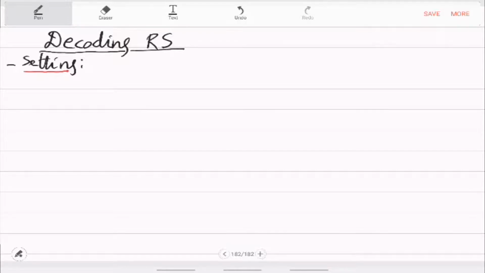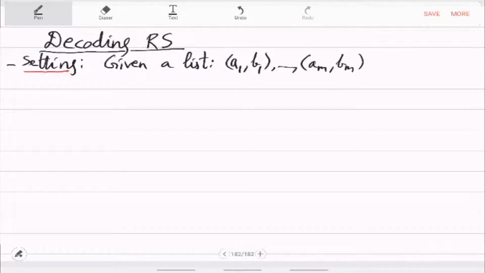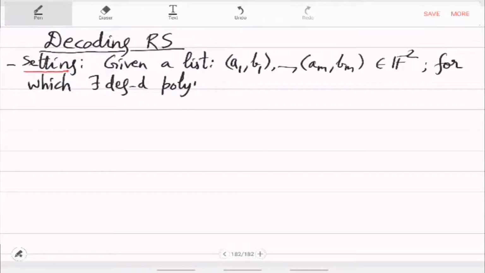You are given a list of m evaluations of a polynomial, a1 b1 to am bm, for which there exists a degree d polynomial g such that g's evaluation at ai is bi.